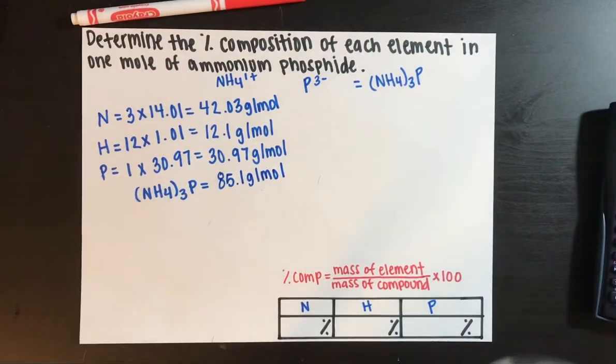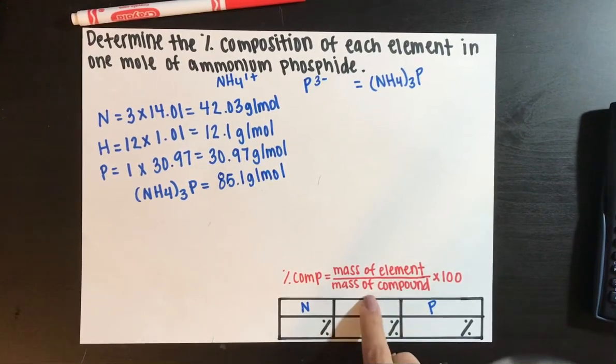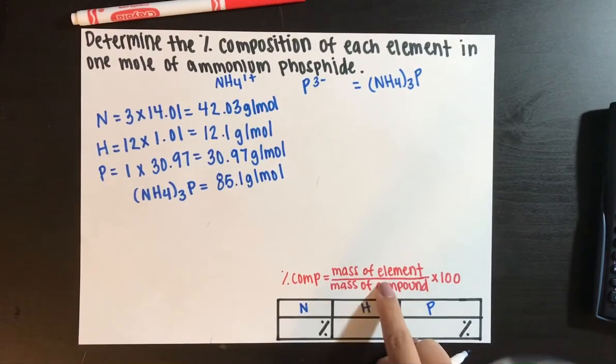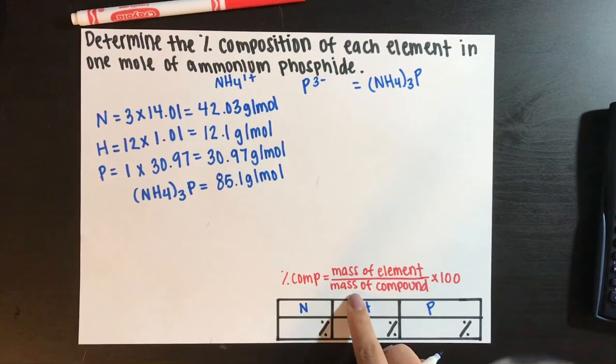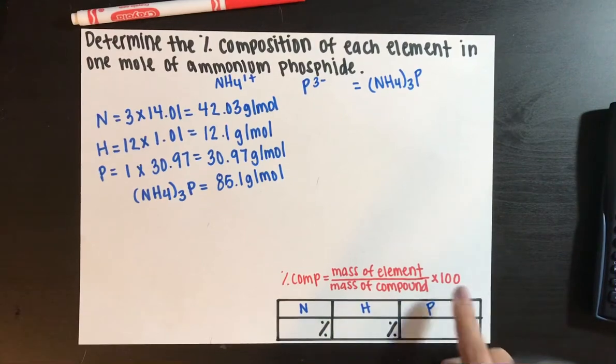Now, in order to find the percent composition of each element in our 1 mole of ammonium phosphide, we use this formula: percent composition equals mass of element divided by the mass of the compound times 100.